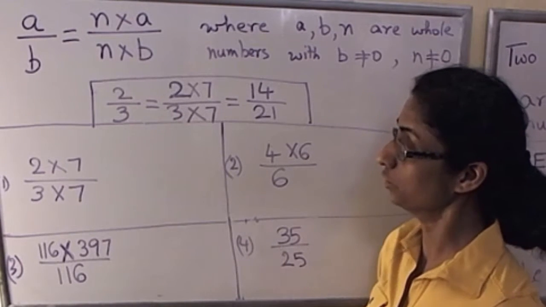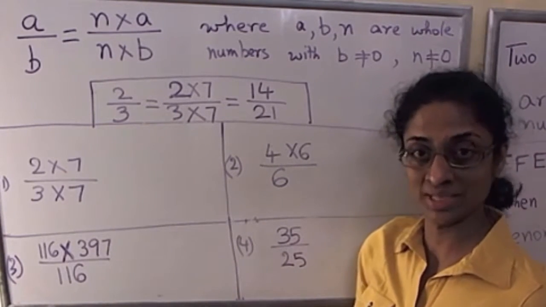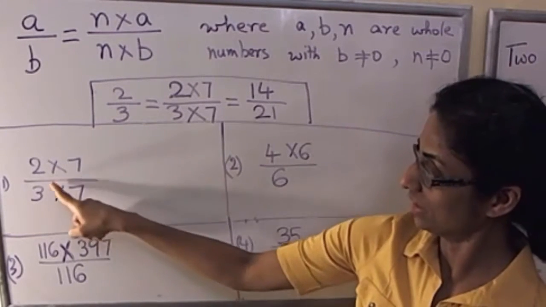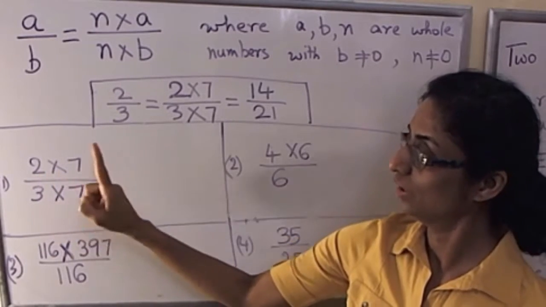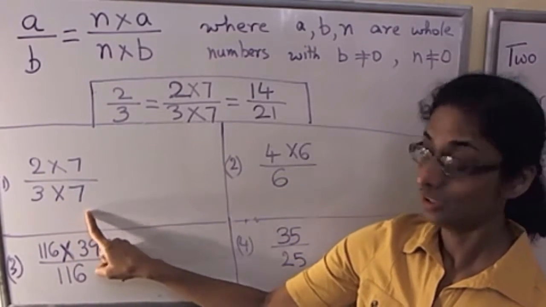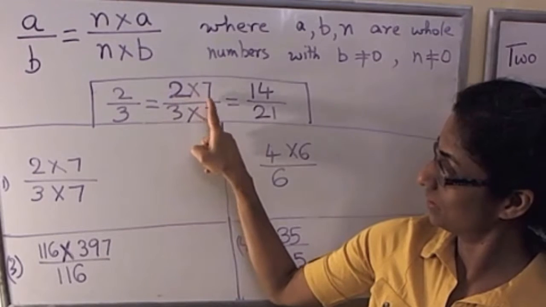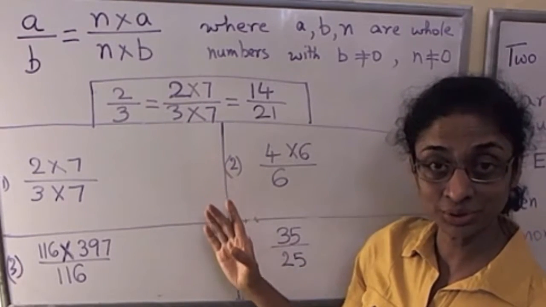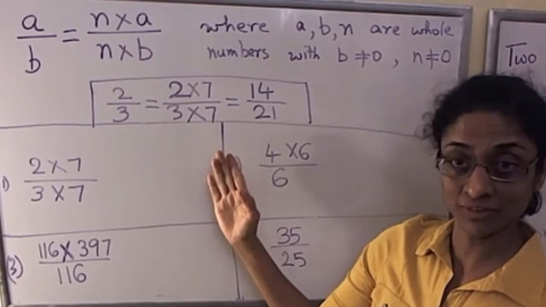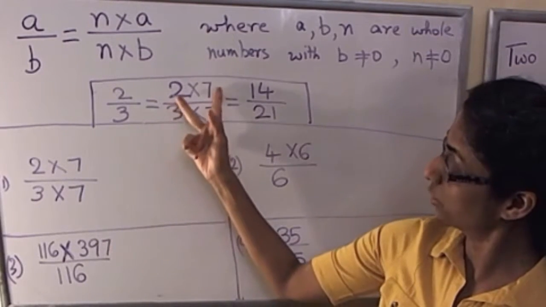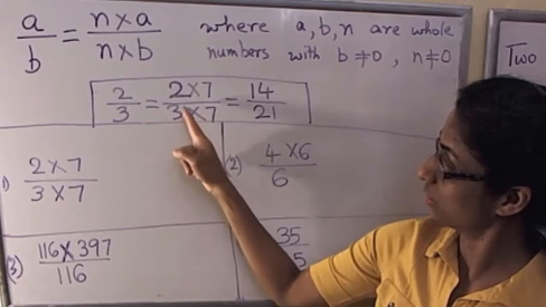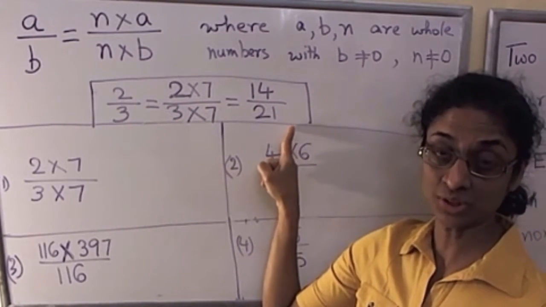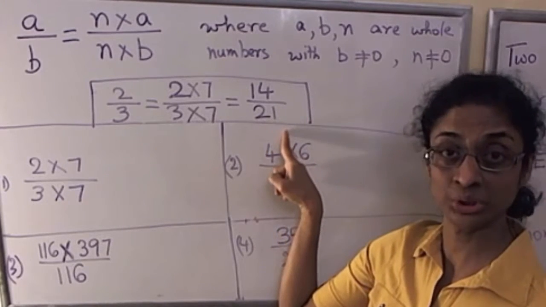So now I want to ask you to look at FFEF from a slightly different perspective. So look at what I have here. 2 times 7 over 3 times 7. So earlier what you were doing was you were using FFEF and you were multiplying out these and saying 2 times 7 over 3 times 7 is 14 over 21. That's how you created your new fraction 14 over 21.